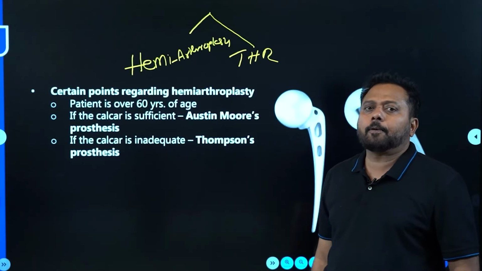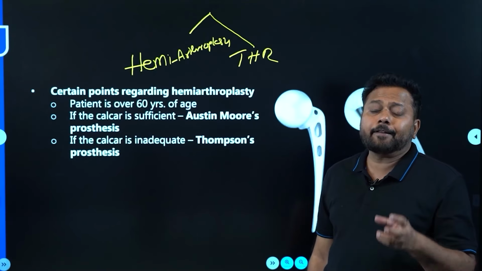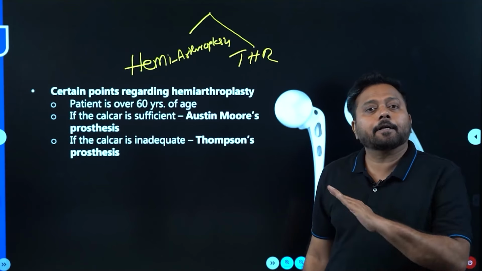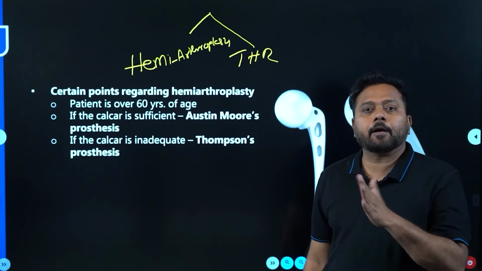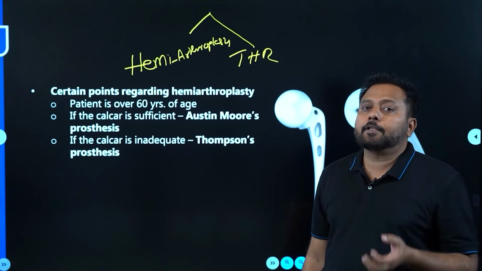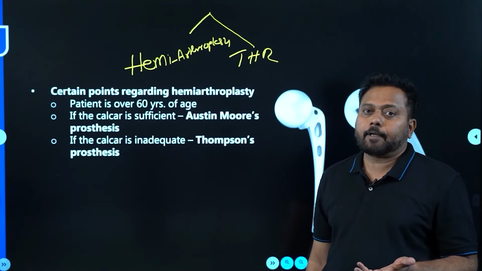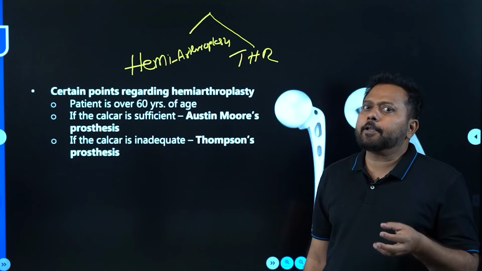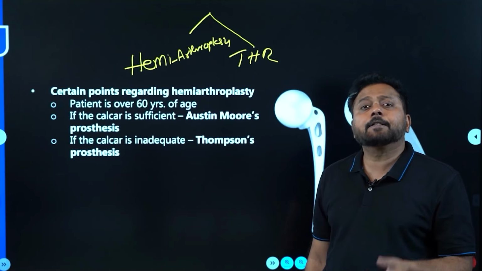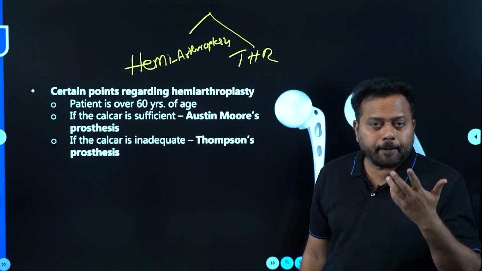So hemiarthroplasty means replacing the head and neck alone. I am not touching the acetabulum. If I am changing the acetabulum also, that is called total hip replacement. I repeat once again: when I replace only the head and neck, it is called hemiarthroplasty. When I replace the acetabulum also, that is called total hip replacement.